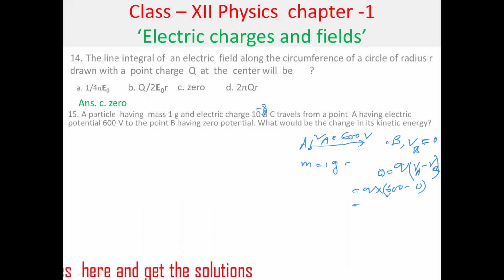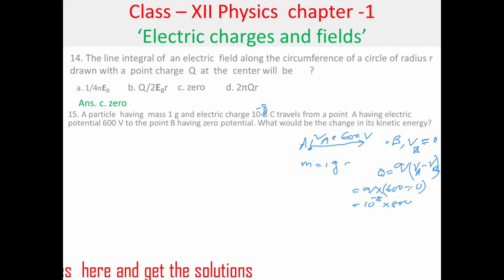A particle having 1 gram of electron has charge 10 to the power minus 8, into 600. Okay, so this is the energy.